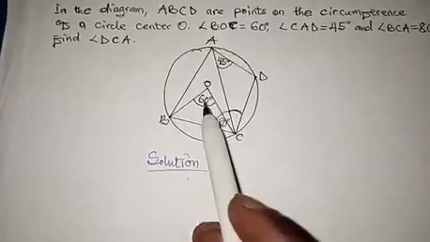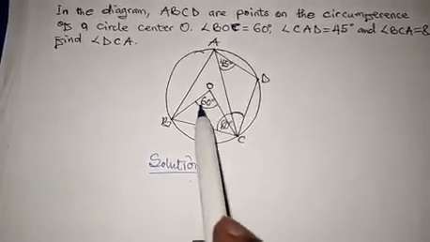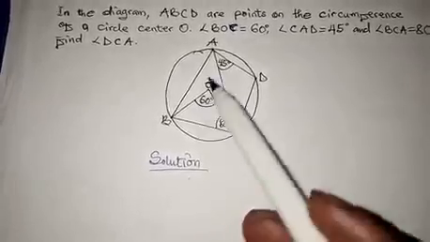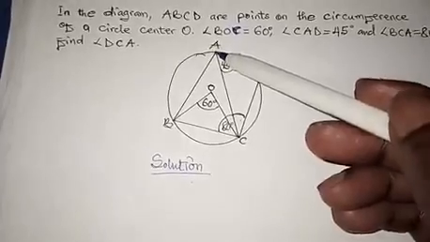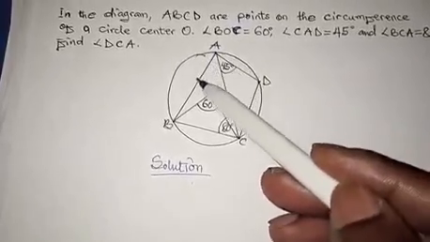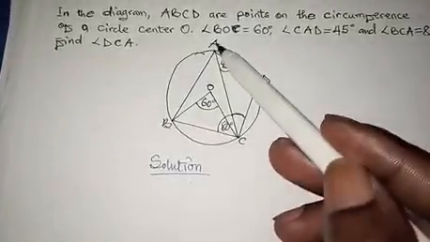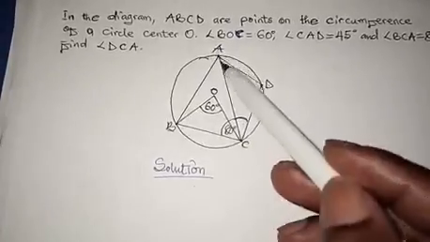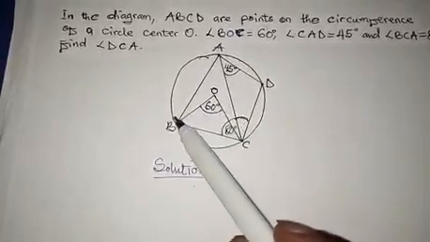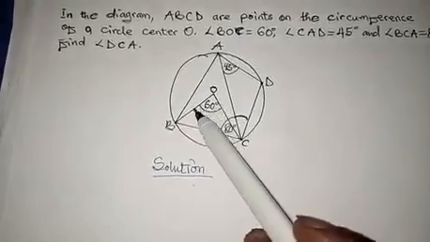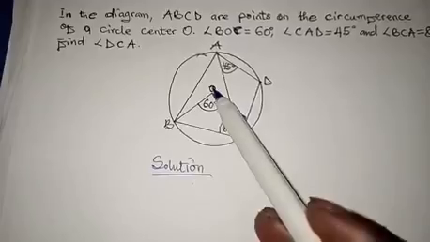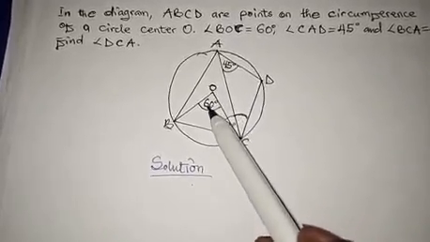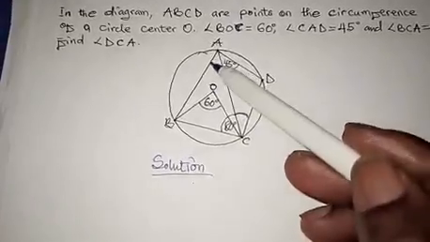Now, one of the properties says that if we have an angle at the center and there's also another angle at the circumference, so you see that we have this triangle ABC. And within the triangle, we have another triangle, triangle OBC. Since this is the center and we have 60 here, we need to find this angle.